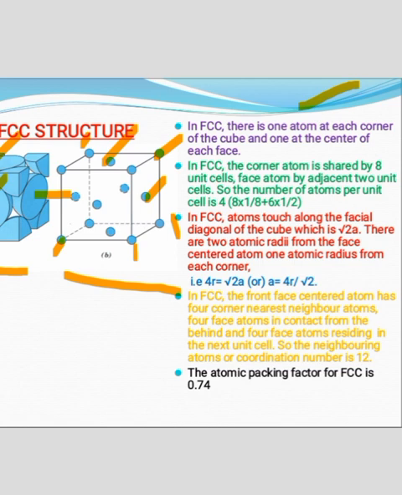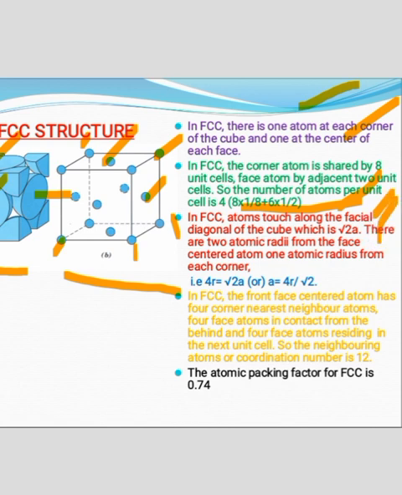In FCC, there is one atom at each corner of the cube and one atom at the center of each face. In FCC, the overall number of atoms per unit cell is 4: 8 times 1/8 plus 6 times 1/2. That is the idea. In FCC, atoms touch along the face diagonal of the cube, which is root 2 a.